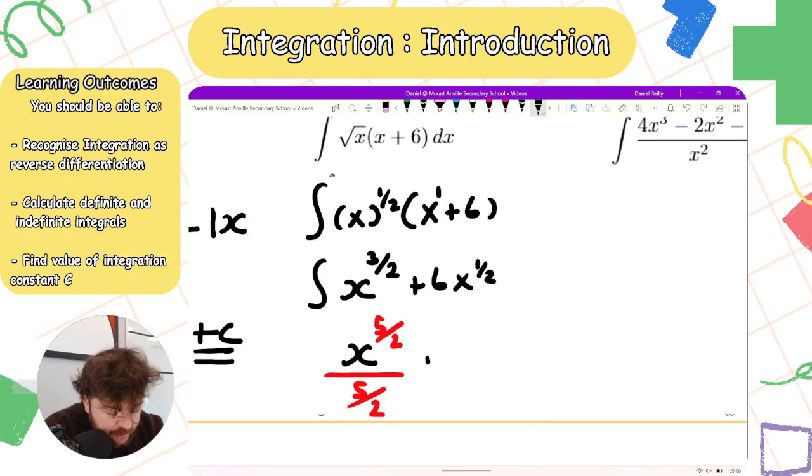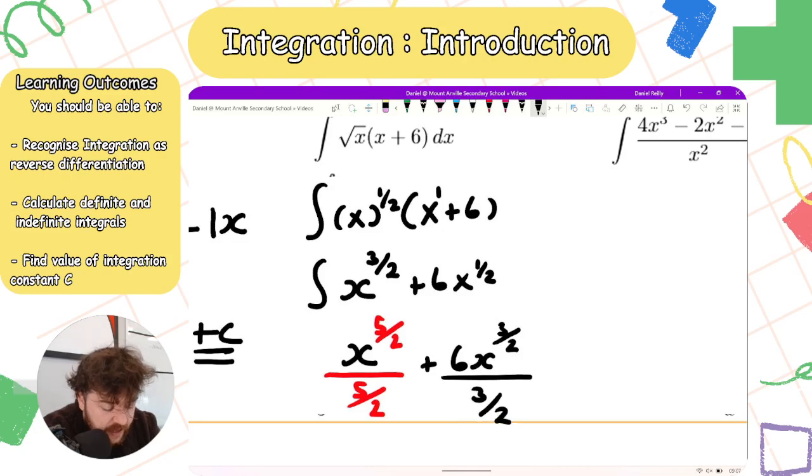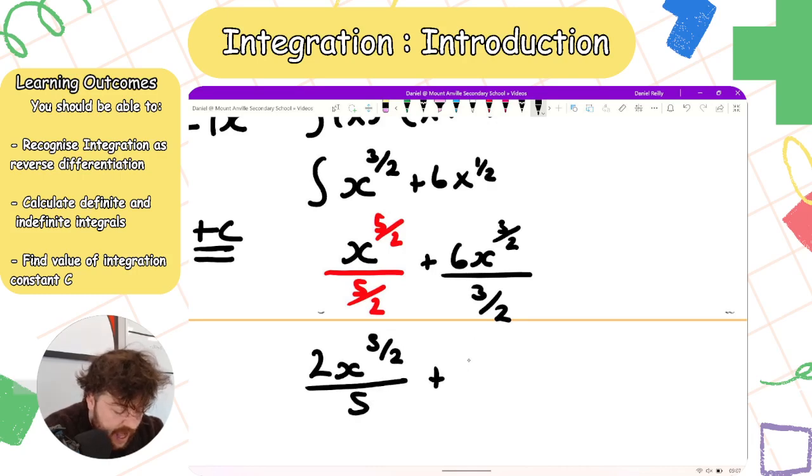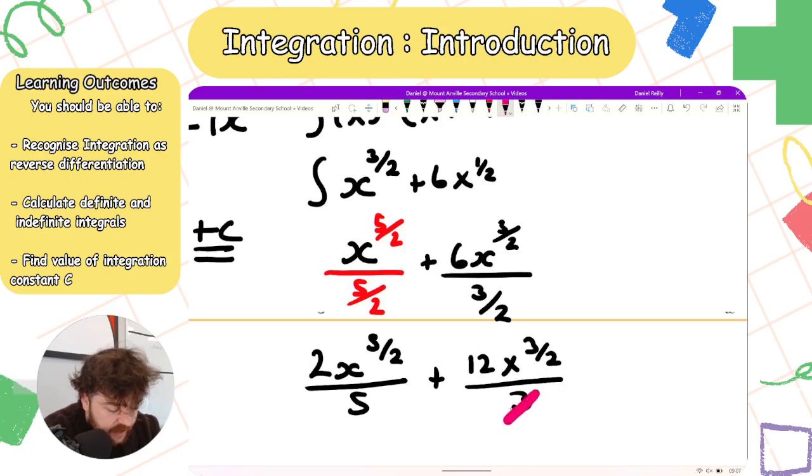Then 6x to the power of a half plus 1 is 3 over 2. You can check that in your calculator. Then divide by the new power of 3 over 2. So I am dividing by a fraction, flip and multiply. This would be 2x to the power of 5 over 2 all over 5, plus 12x to the power of 3 over 2 all over 3. Then 3 will divide in here 4 times. And then I have to make sure I add my plus c.